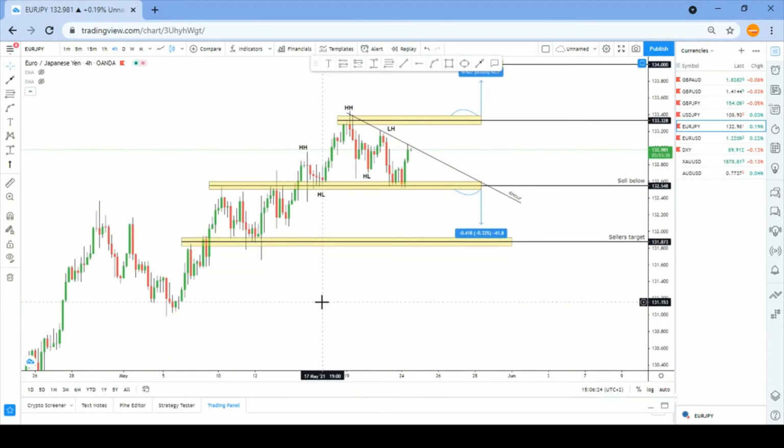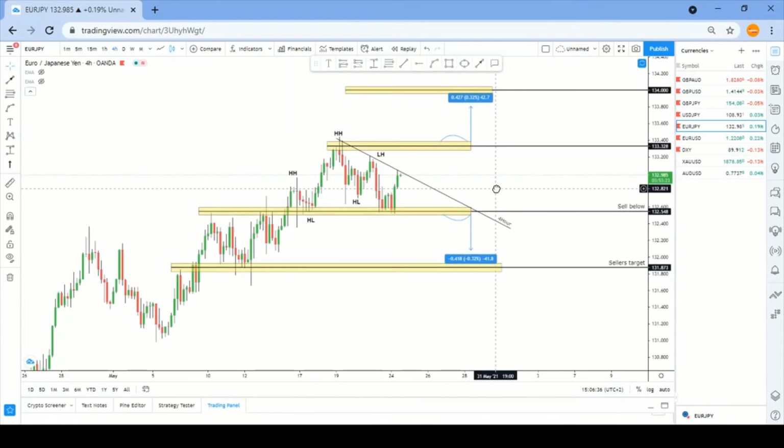So what I'd look for, from my point of view, is any break above 133.328. I'd look for a buy, and I'll target the height of the formation as the rules of Forex tell us to do that. So I target 42.7 pips.